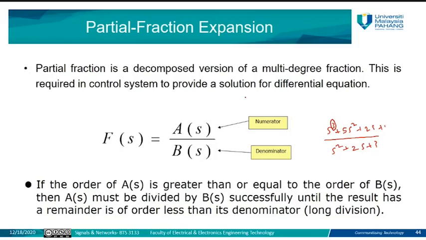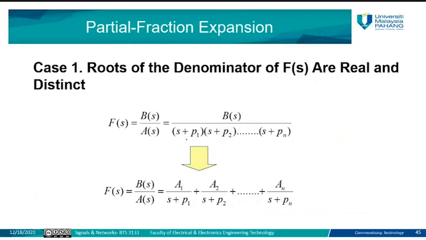But if the order of the numerator and the denominator are the same, or the numerator is lower than the denominator, in this case you need to apply the partial fraction. So how do we apply partial fraction here? You are going to find the roots of the denominator.